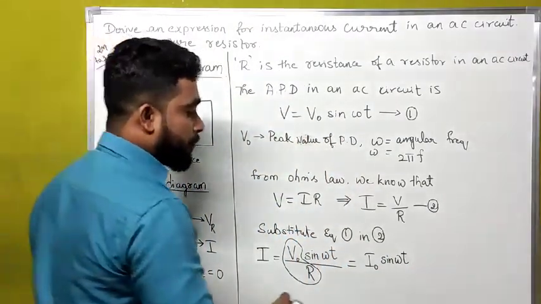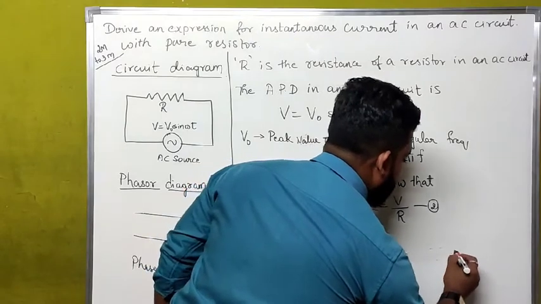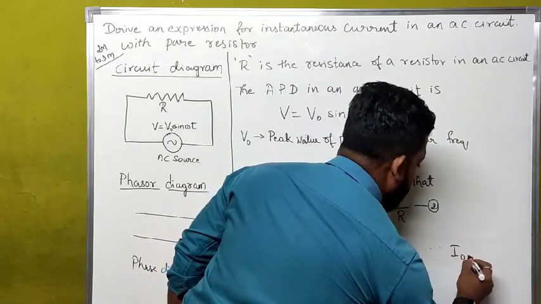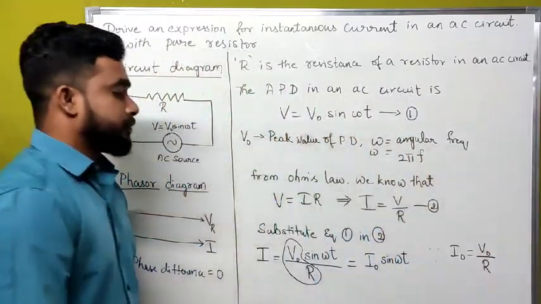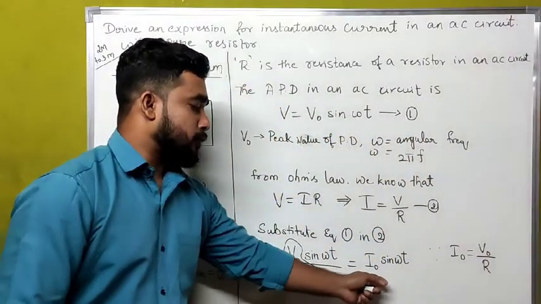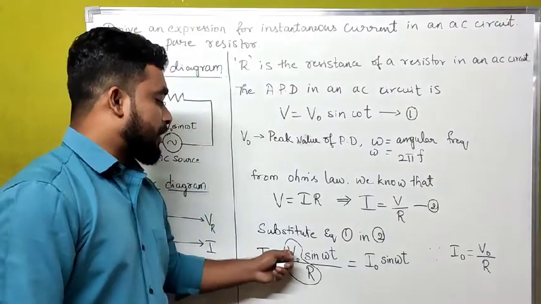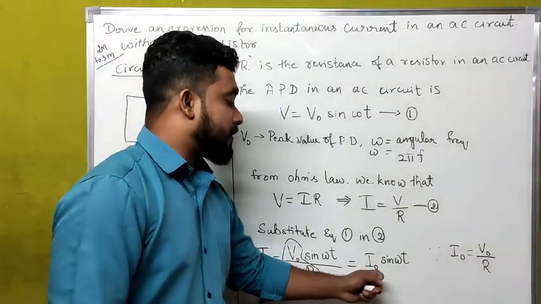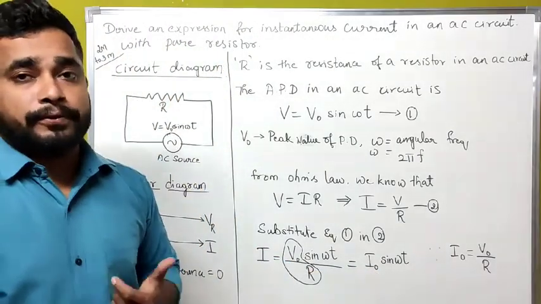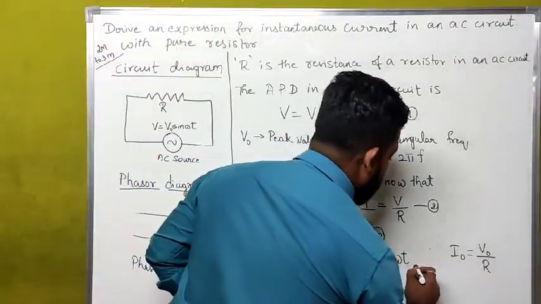How is this possible? Because I am considering V naught divided by R as I naught. This is the peak value of current. Let us assume this as equation 3.